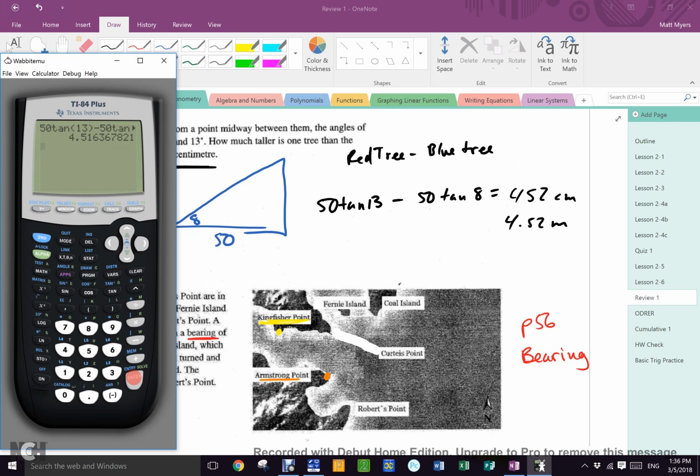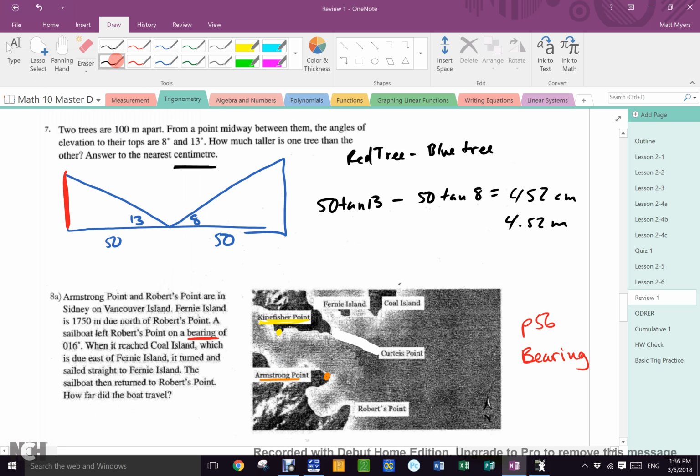So 4.52 to be perfect. Again, Eric, if you've shown me the work, do I give you full marks? Of course I do, because this is not calculator 10. It's out of 2.